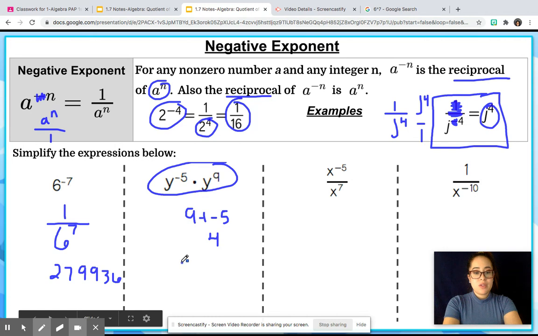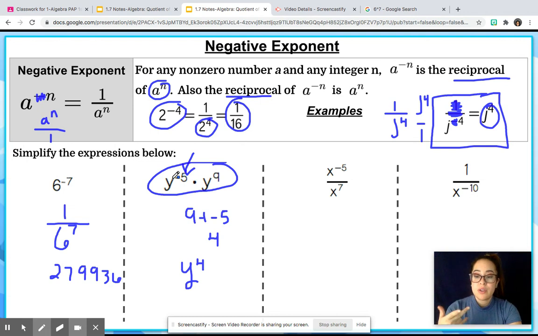So my final answer will be y raised to the 4. Even though I had a negative exponent, I didn't have to do the reciprocal, because it was already a product of powers and I could just add the exponents. I could have done the reciprocal first, but that would have been more complicated. So it's better just to add it.